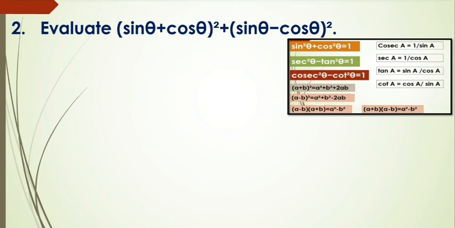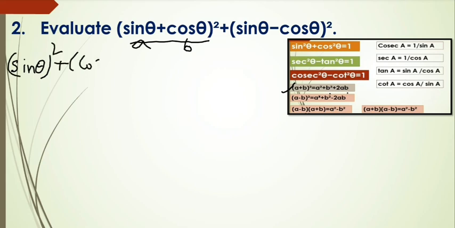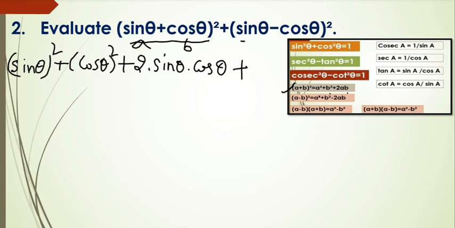Here a plus b whole square means a square plus b square plus 2ab. So first take this; this becomes a and this becomes b. That means we get sin theta whole square, that is a square, plus b square, meaning cos theta whole square, plus 2ab, that means 2 into sin theta into cos theta. Plus, come to the second one.